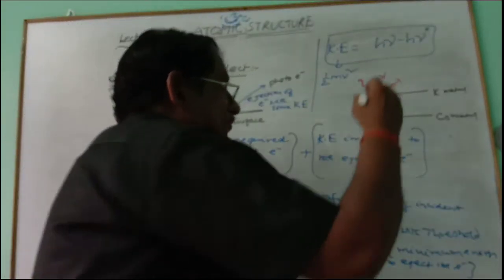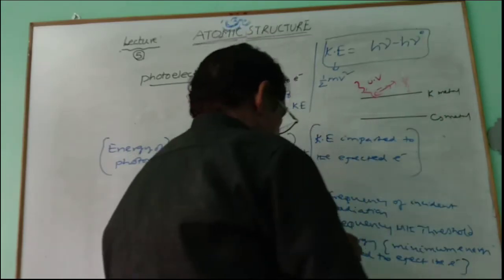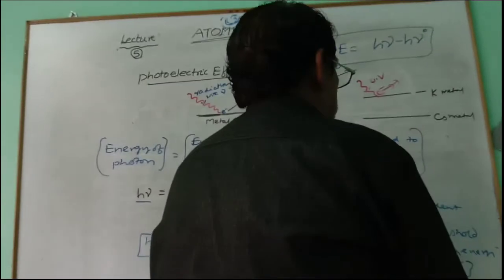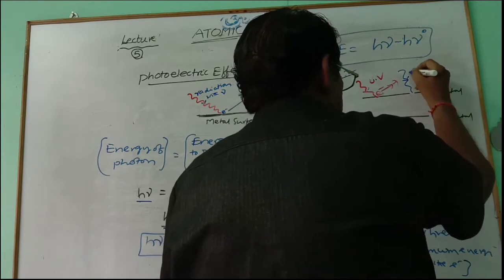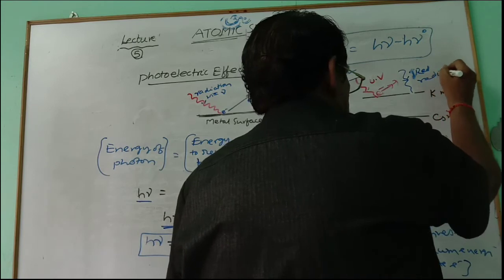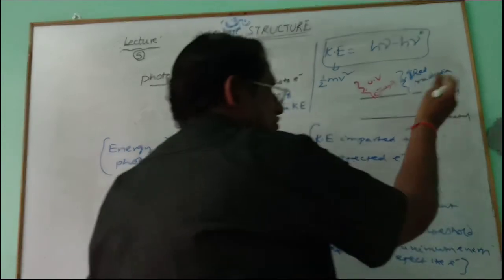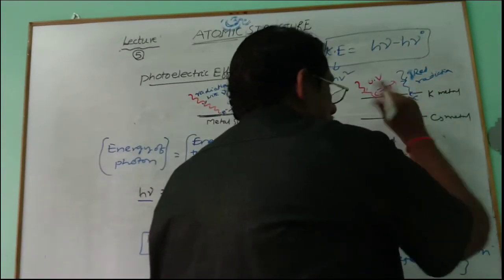And here, if other radiation like infrared radiation or red radiation is made to fall on potassium, electron will not be ejected out.